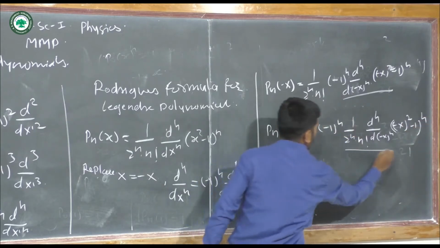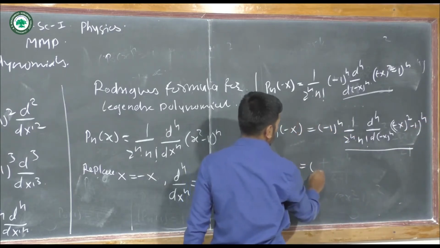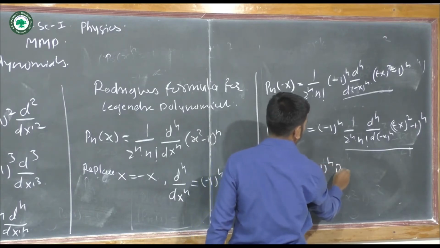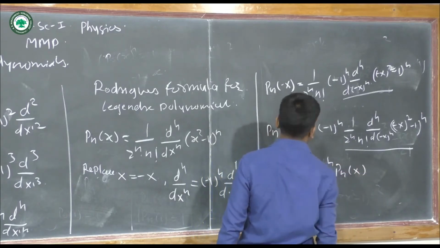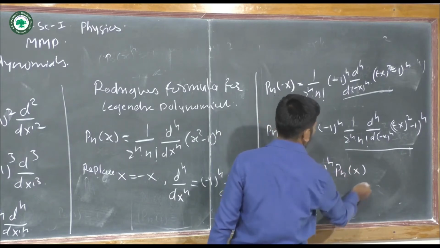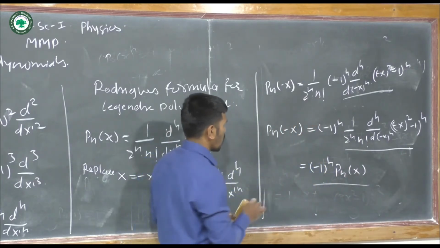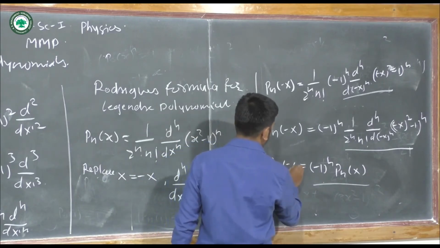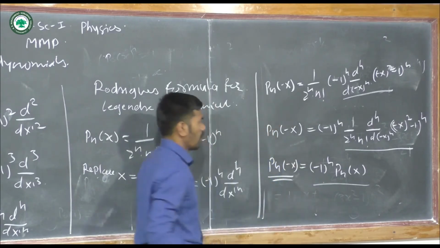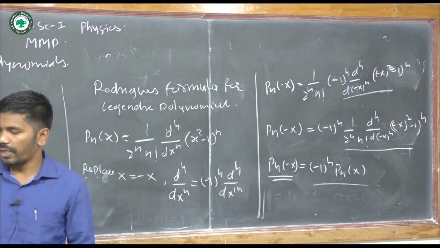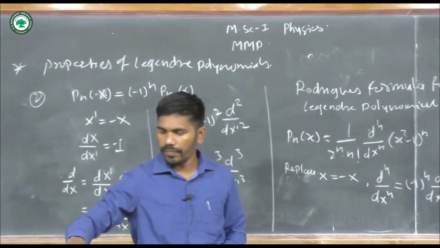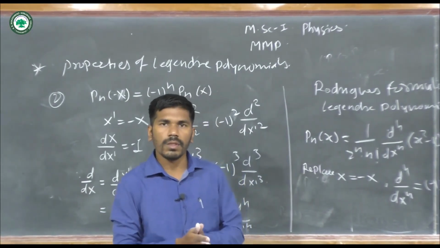These expressions we can write as Pn(-x) equal to (-1) power n times Pn(x). So this is the second property of the Legendre polynomials. We will stop here and discuss the rest in the next lecture.